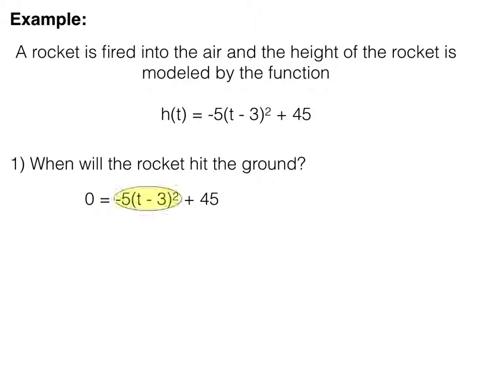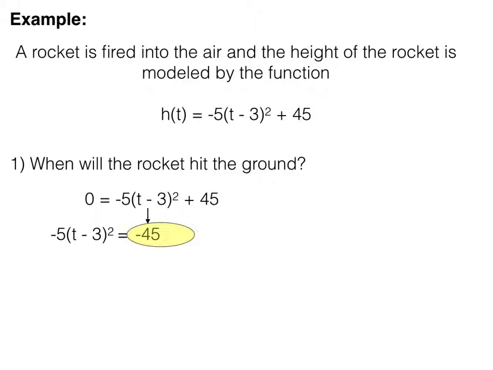So our first question is, what does -5 times (t minus 3) squared have to be so that when you add 45 to it, it becomes 0? Well, that's easy. The answer is -45, because -45 plus 45 is 0. So that means that -5 times (t minus 3) squared has to be -45.